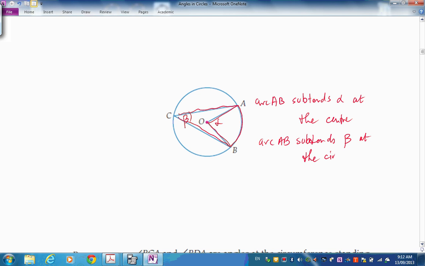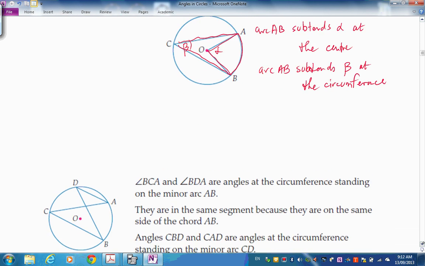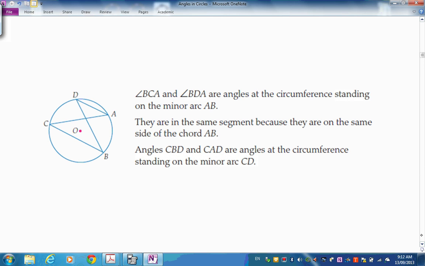So that's an angle right out at the circumference, but still traceable back to that same arc. Are you getting the idea now? All right, so let's keep going. Not far to go, and then we'll do some little proofs here.